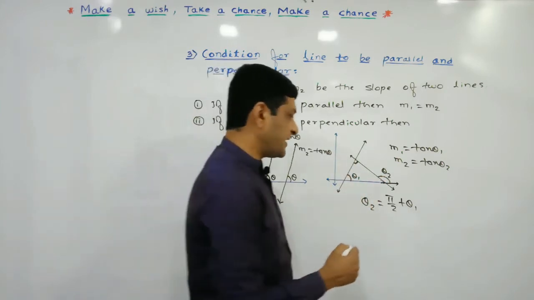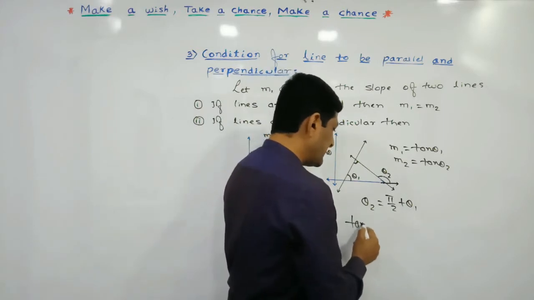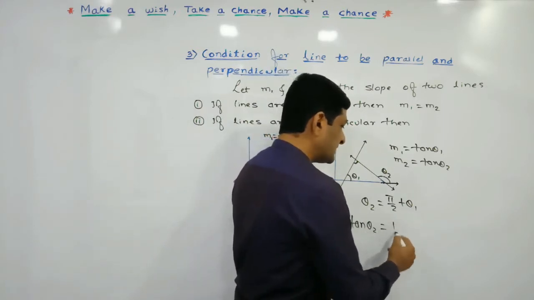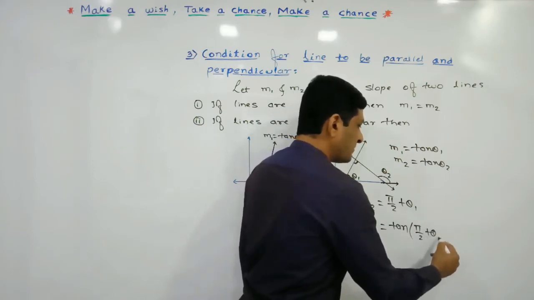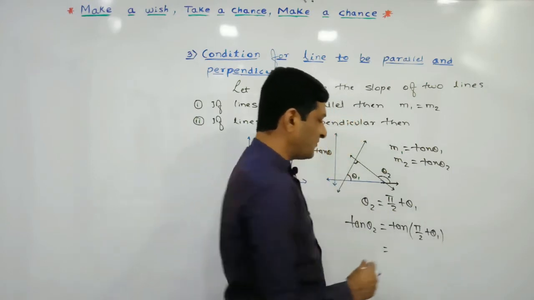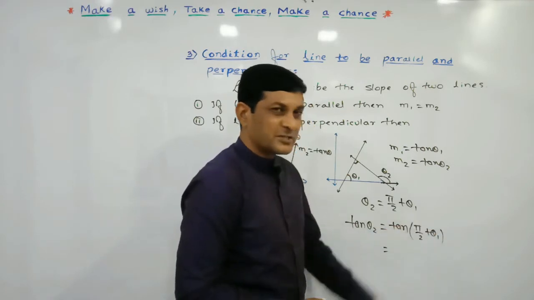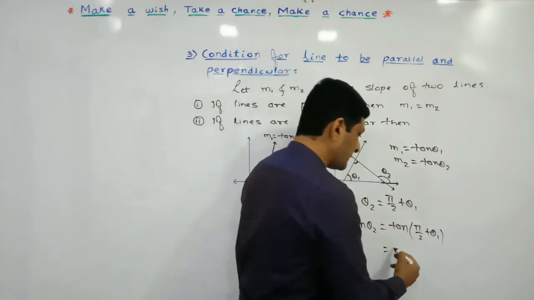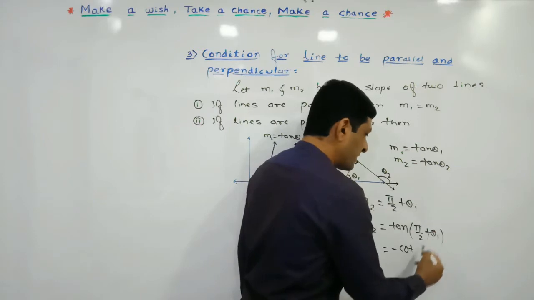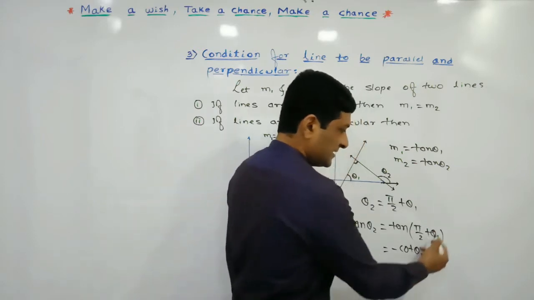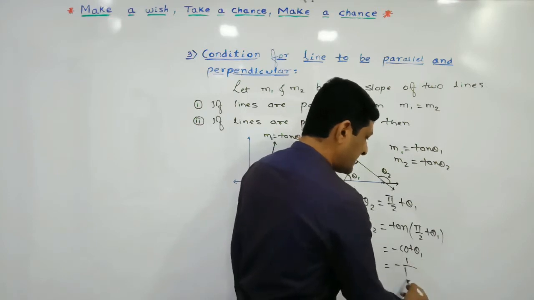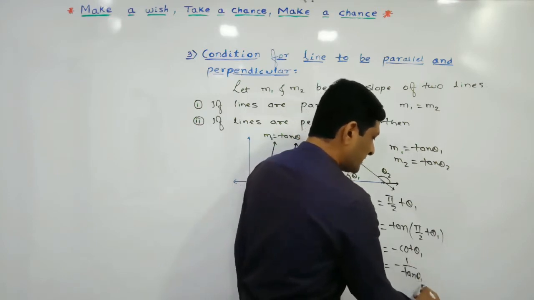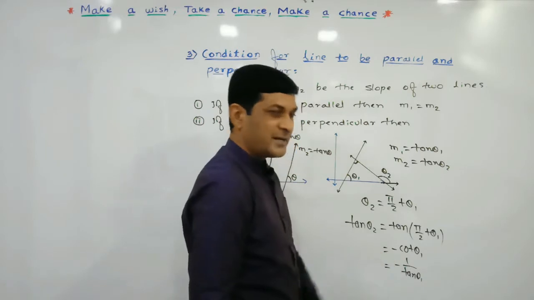Now we simply take tan on both sides. So what will we get? Tan theta 2 is equal to tan of pi by 2 plus theta 1. According to the allied angle formulas, tan of pi by 2 plus theta is equal to minus cot theta, and theta here is theta 1. So it equals minus cot theta 1, which can be written as 1 upon tan theta 1.